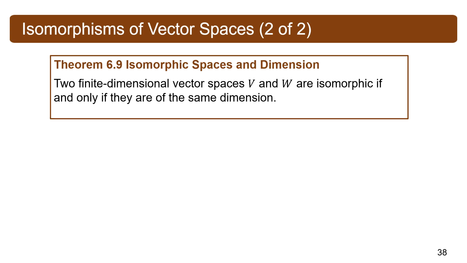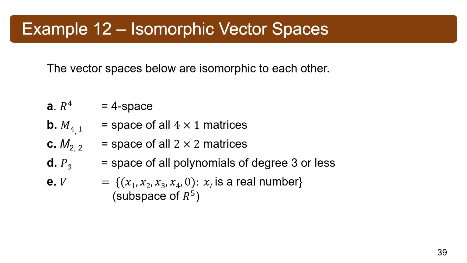Again, it has to preserve the addition and the scalar multiplication operations. Now, two finite dimensional vector spaces V and W are isomorphic if and only if they are of the same dimension.